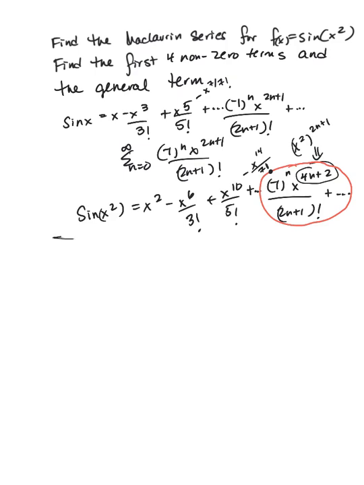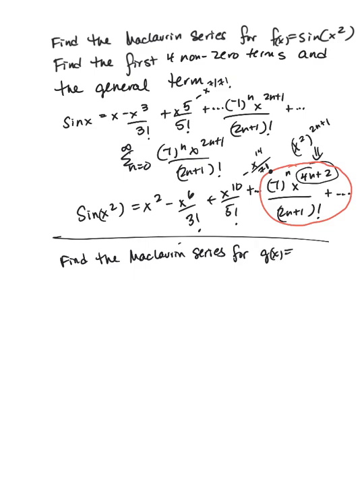Okay, let's say we want the Maclaurin series. Find the Maclaurin series for g of x equals x cosine x. So first, and we'll do the first 4 non-zero terms and the general term.